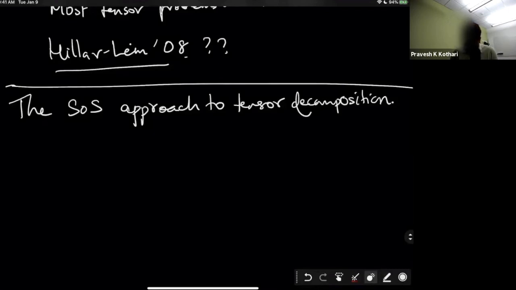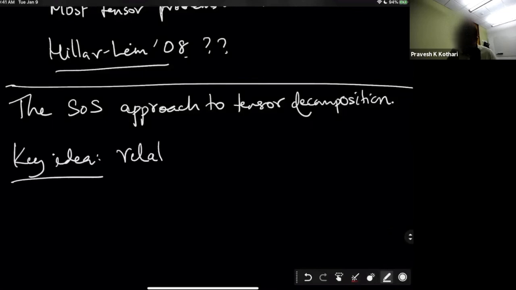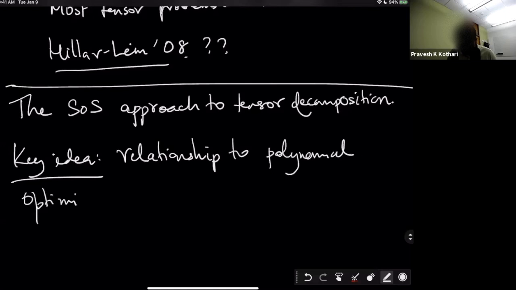Okay, so what's the SOS approach to tensor decomposition? The key idea is the relationship of this problem to a different problem: polynomial optimization.